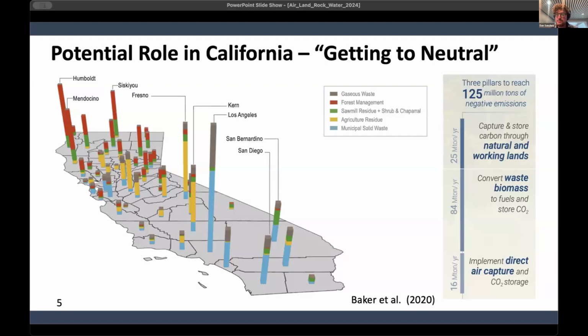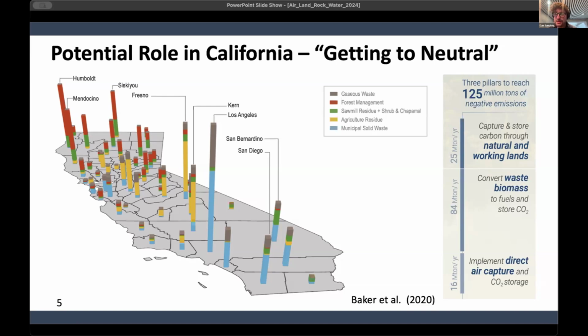It found that, broadly stated, across biological and natural and working land-based carbon removal, engineered carbon removal, like direct air capture, and hybrid carbon removal, things like bioenergy with carbon capture and sequestration, there was likely the potential for around 125 million tons of carbon removal at scale in the state of California in the near term. And that was pretty similar to the gap between where we thought we could get in the 2018 scoping plan and carbon neutrality.